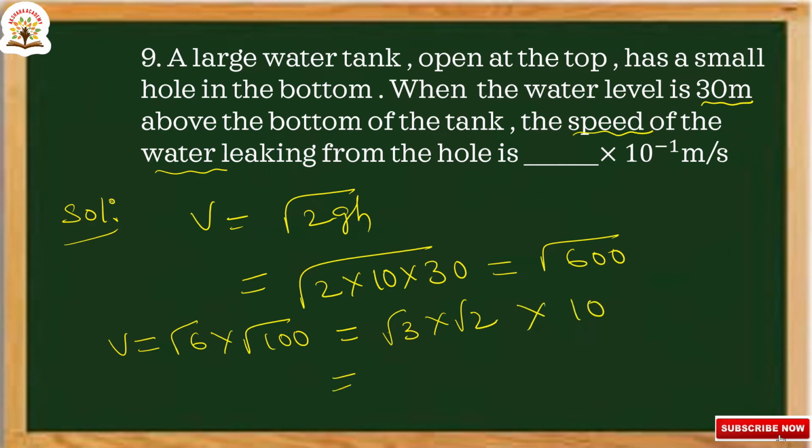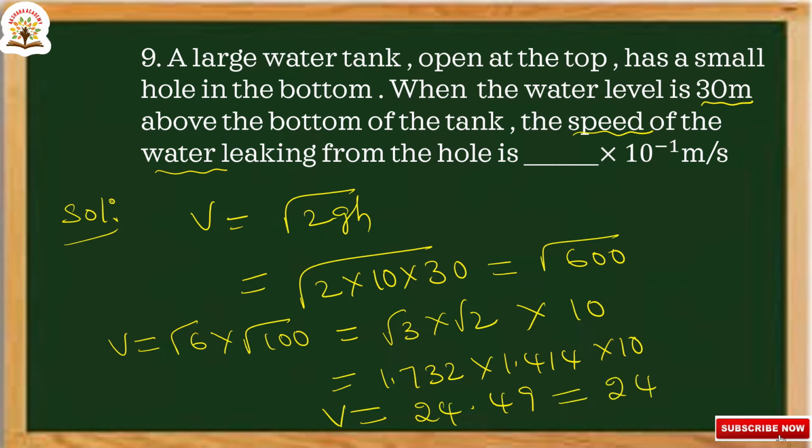So, root 3 is nothing but 1.732, root 2 value 1.414, into 10. So, after multiplication we are getting V is equal to 24.49, or approximately this can be written as 24.5.